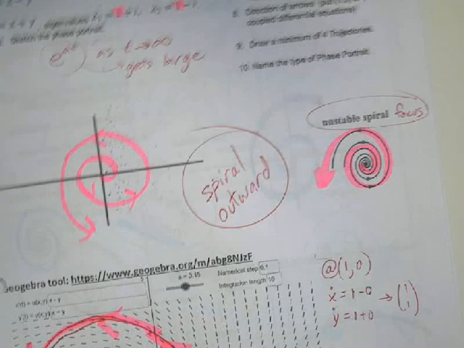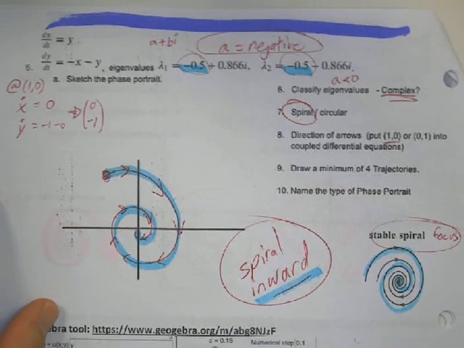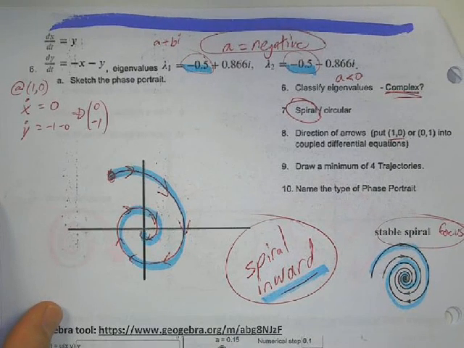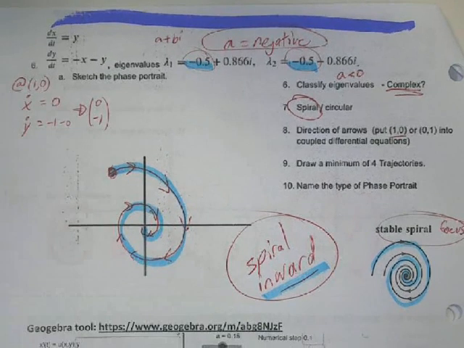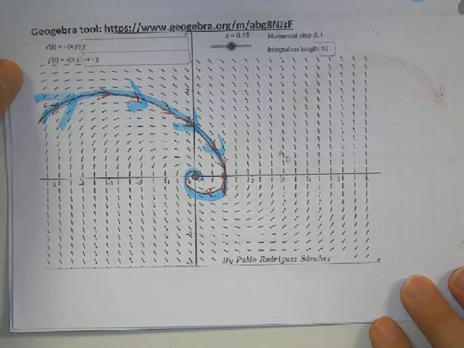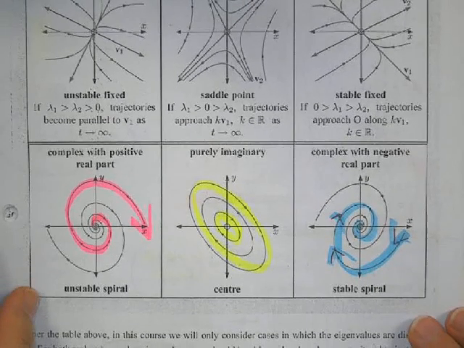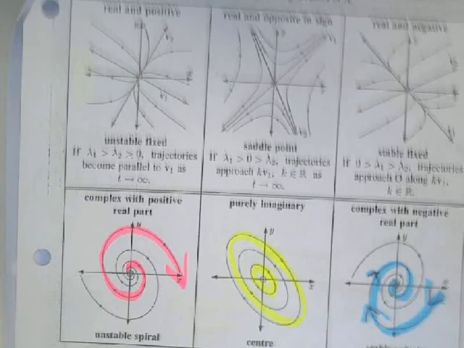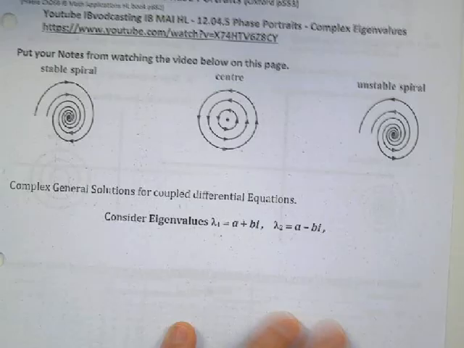Okay, pause if you need to. Once again, pause if you need to. And last one. So like I said, he walks you through this. So now I'm going to walk you through the problems that he doesn't walk you through.